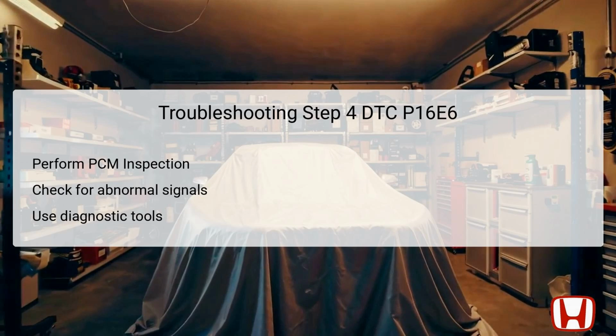Any abnormal signals detected may indicate a problem with the PCM that could lead to engine starting and shifting issues. If the PCM is found functioning properly in previous tests, then it becomes evident that the issue lies within the PCM itself, suggesting it may need replacement. This step is essential in confirming whether the root cause is equipment-related or stemming from previous inspections.